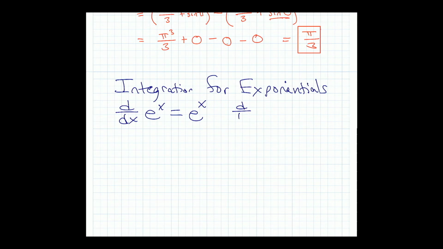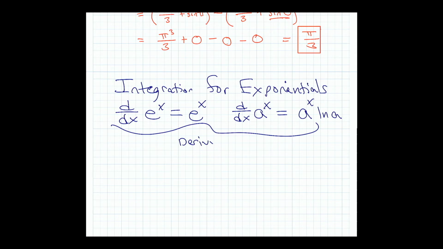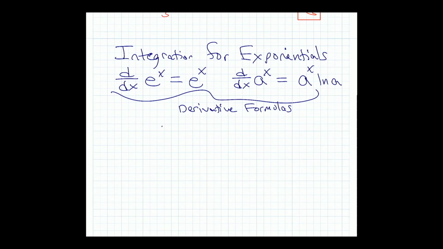And we also learned that the derivative of a to the x, where a was not e, well, even if a is e, it works. But the derivative of a to the x is a to the x ln a. So those are derivative formulas. But you can write them as antiderivative formulas.